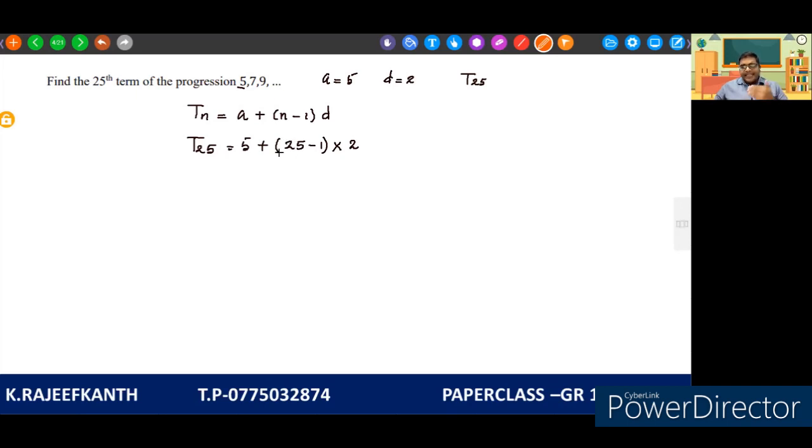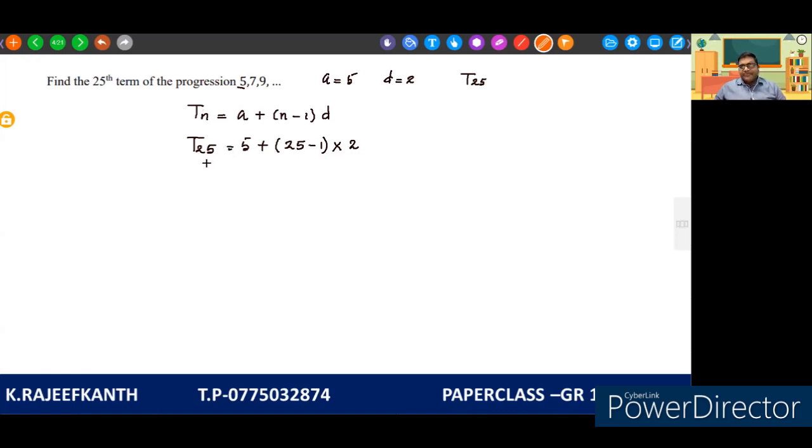Here n means number of terms, a means first term, d is the common difference of that arithmetic progression. So here we have to find the 25th term.